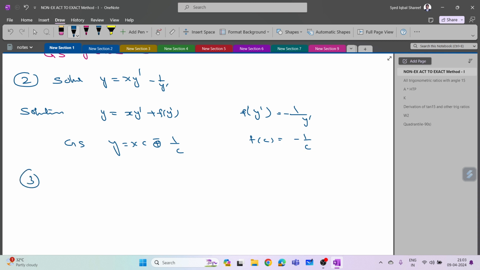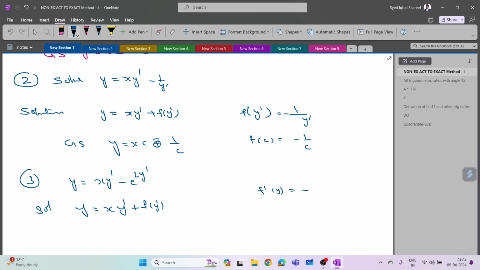One more time, y equal to x y dash minus e to the power of 2 y dash. Solving, comparing with the Clairaut's equation, y equal to x y dash plus f of y dash. What is f of y dash?